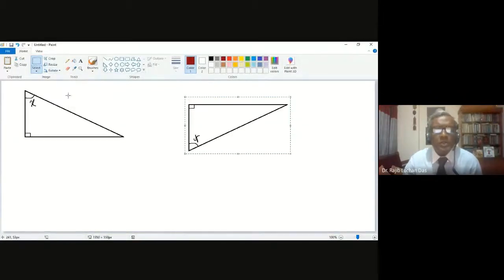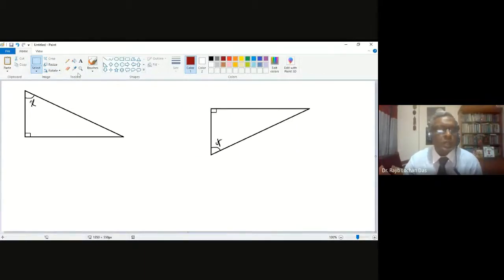Only one 90-degree angle. So I am now giving two triangles here. One is on the left side, and its angle is given as x, and here the angle is given as y.